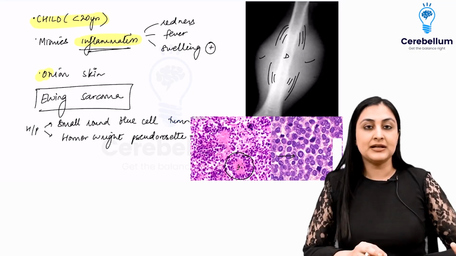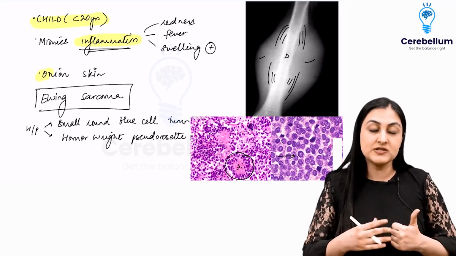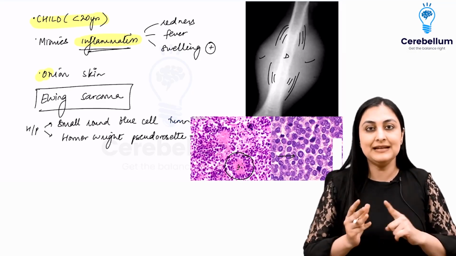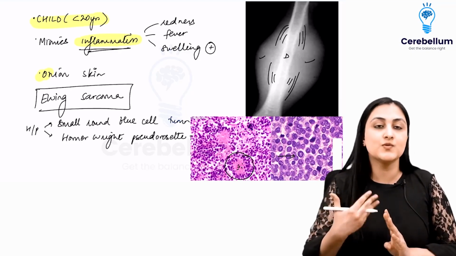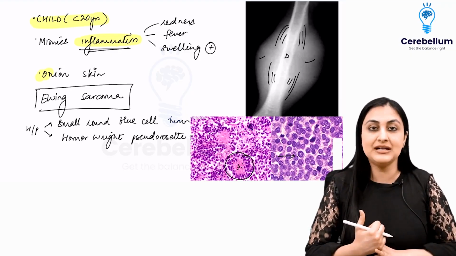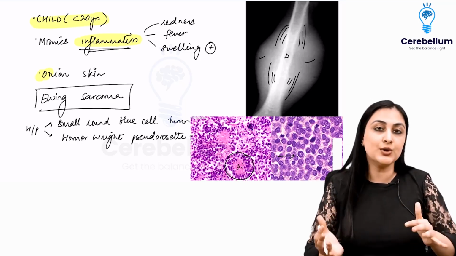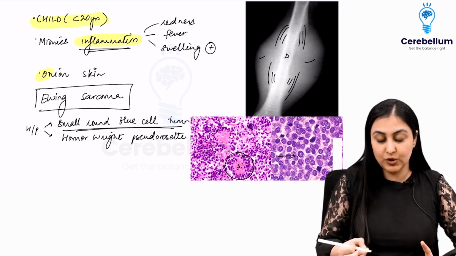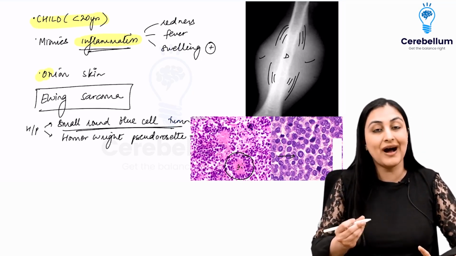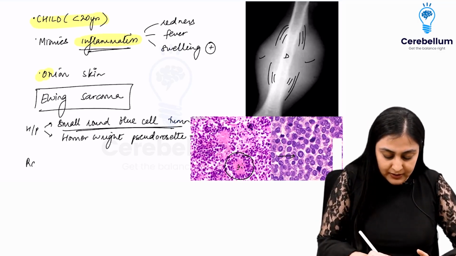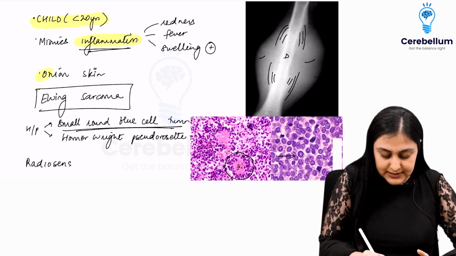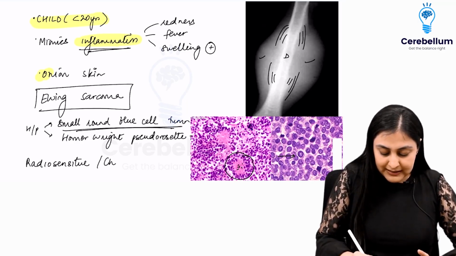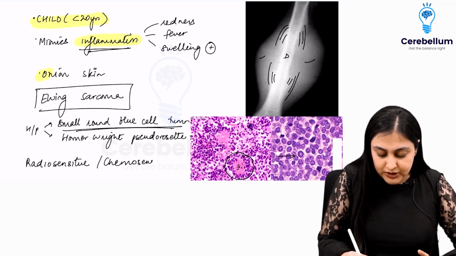Now, in radiotherapy we will also discuss the principle of what is radiosensitive. Therein I'll tell you, anything that is very cellular, anything that is rapidly dividing is something that is radiosensitive. So that is why, because there are so many small round blue cells, because it is so hypercellular, this is the most radiosensitive, the most chemosensitive bone tumor.